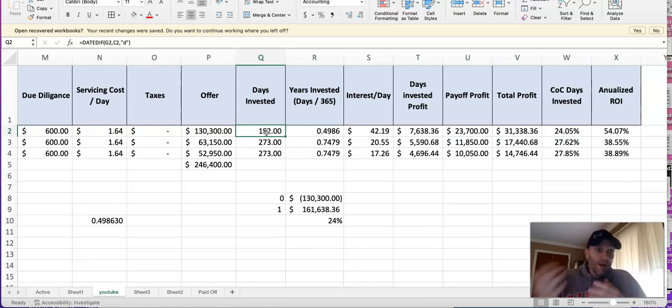Typically, what I will do is, say on this first one, six months came and they said, hey, I just need a couple more months to get financing. And if a couple of months come and go and they still can't, then we'll have a conversation where, since I'm the bank, I can do a loan modification and take this unpaid principal balance and amortize it over 30 years for them.